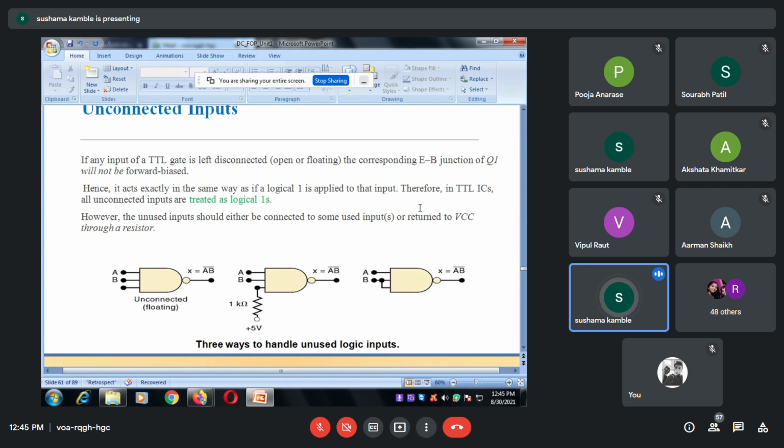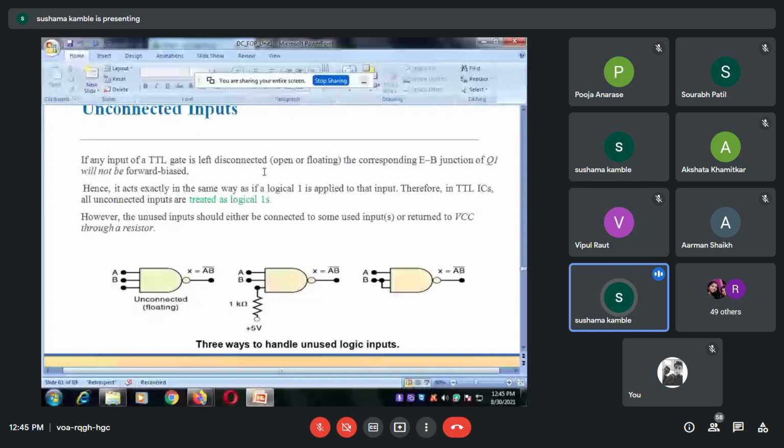One more point is unconnected inputs. Suppose we are not connecting any one input, what is happening? If any one is remaining disconnected, the emitter base junction of the Q1 will not be forward biased. We have seen where we are giving the input: to the emitter of Q1. You have seen the multiple emitter construction of the transistor.